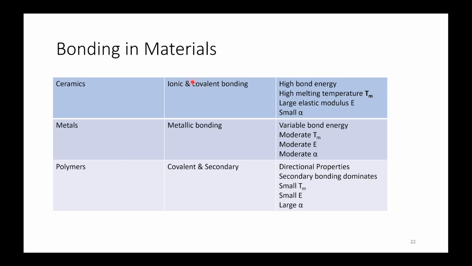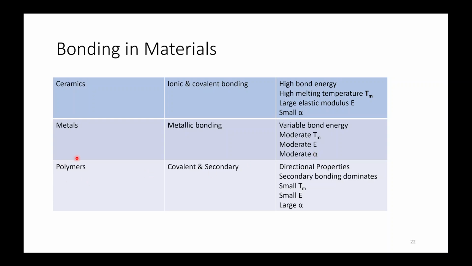So these will have very high bond energy, and will show high melting temperature, large elastic modulus, and small thermal expansion coefficient alpha. In case of metals, these will have metallic bonding, and this bonding gives them variable bond energy, moderate melting temperature, moderate elastic modulus, and moderate thermal expansion coefficient.